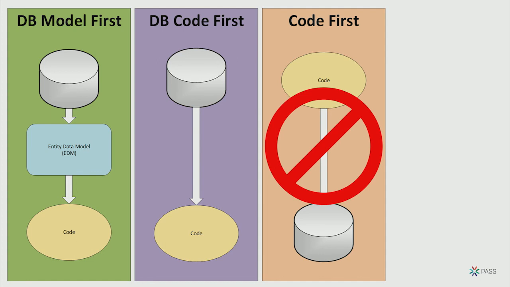If your development team ever says we're going to use code first migrations, you basically say, I'm not going to support this database. I'm not going to support this project, because they're taking all the power out of the DBA's hands, and they're going to create the most horrible database known to man.